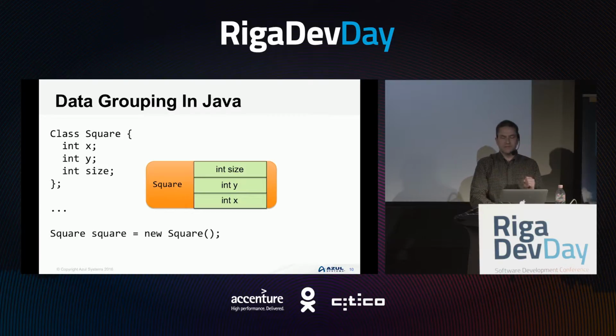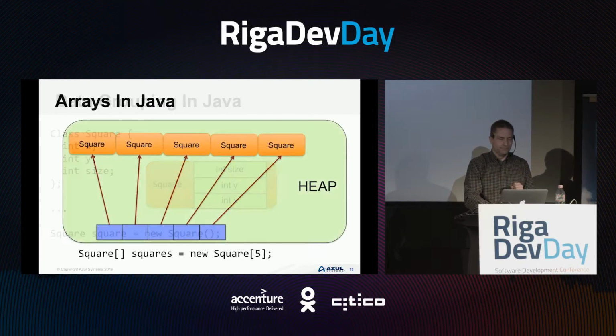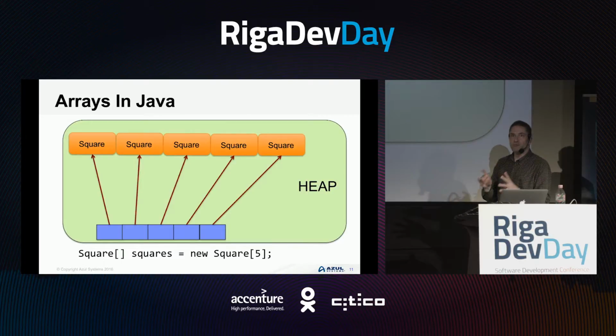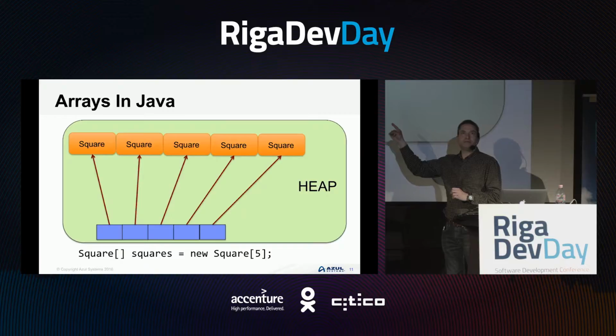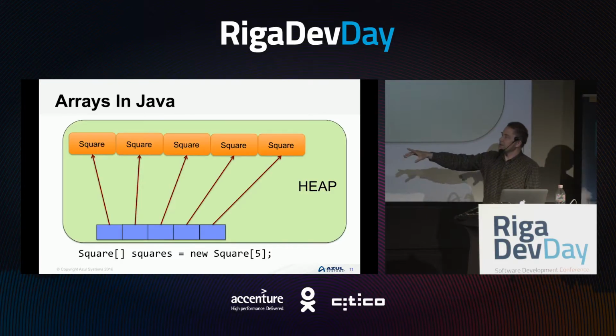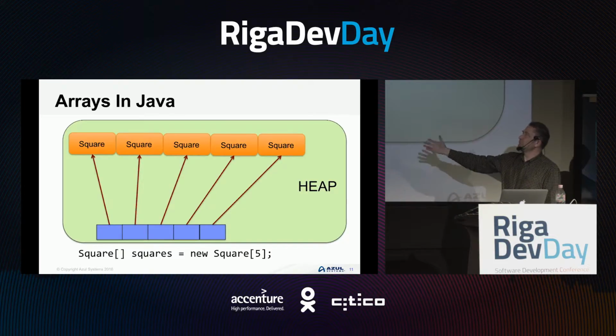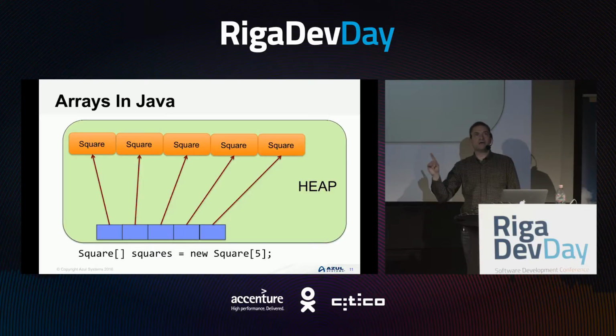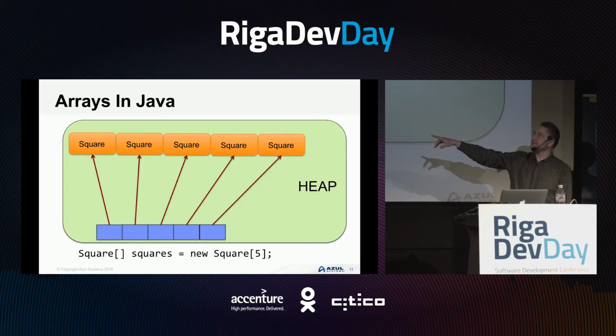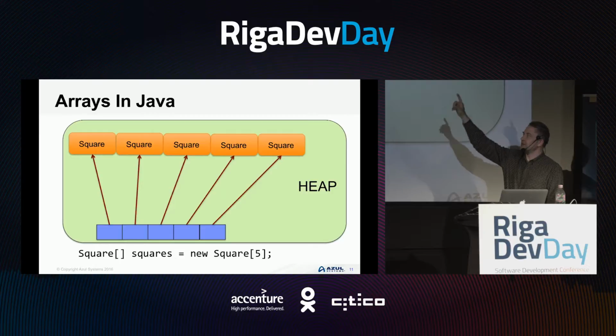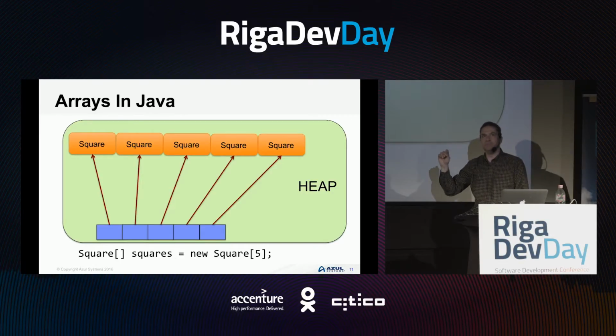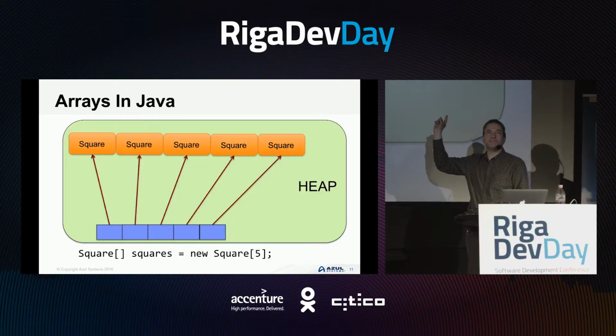However, things get a bit more complicated. If I have an array of squares in Java, this is what I'm looking at. I create an array of squares, new square, 5. Now, if I'm lucky, when this array is allocated and I allocate the squares for that, I might, just might, get them contiguous in memory.